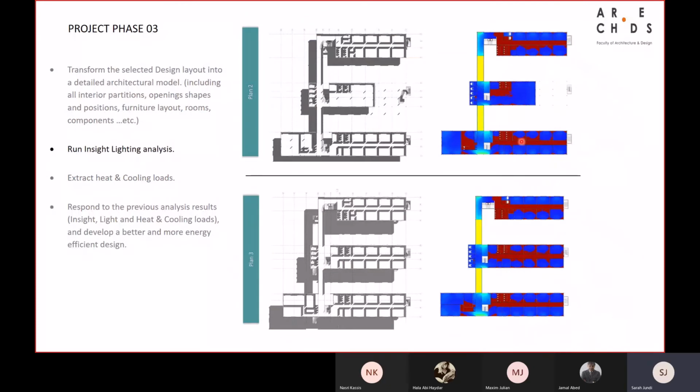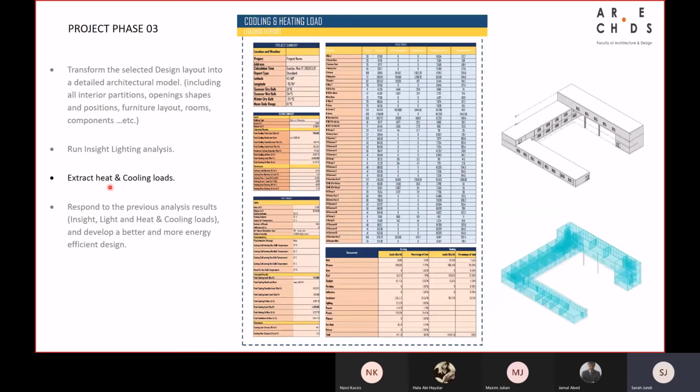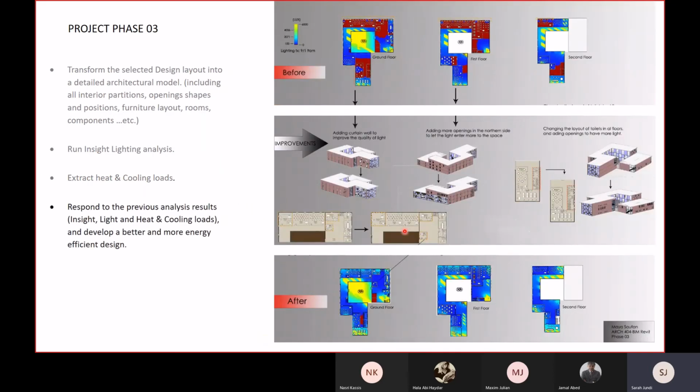They use the software to indicate where they have bad lighting conditions and overexposed lighting conditions. They did extract heat and cooling loads, so getting insight on the heat and cooling load performance in the building. And they used all of these to take decisions.